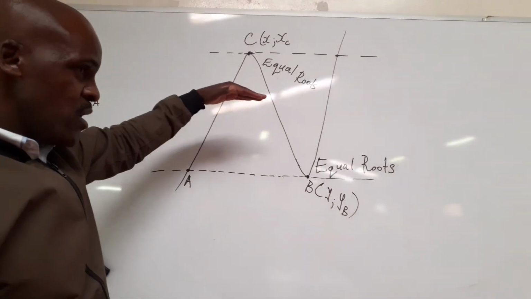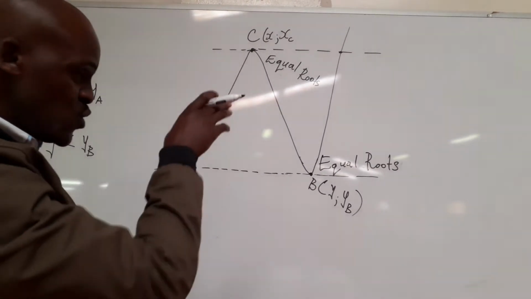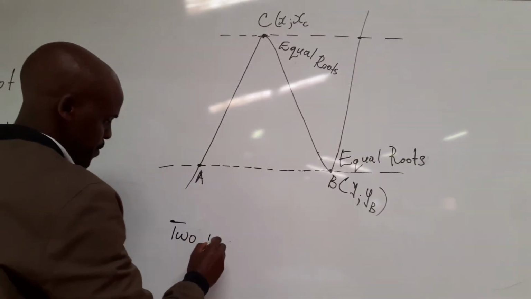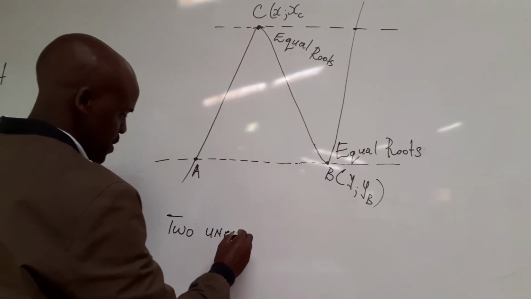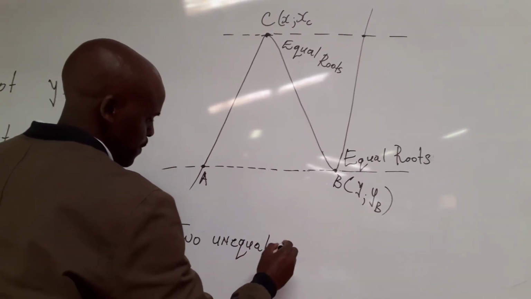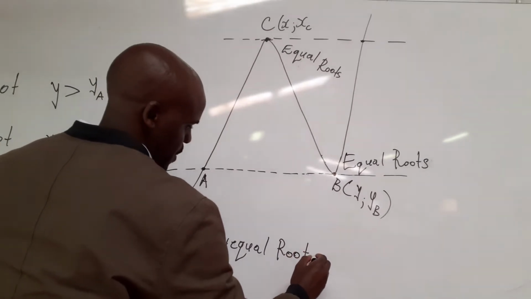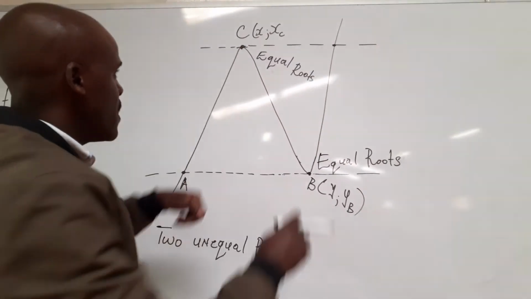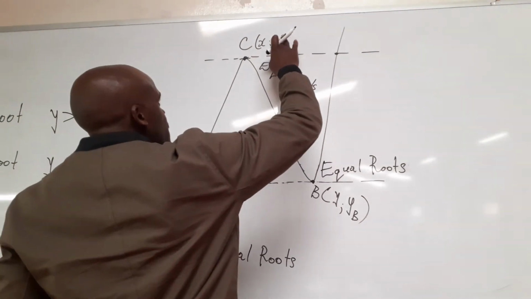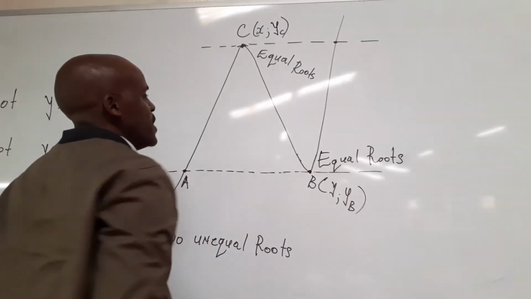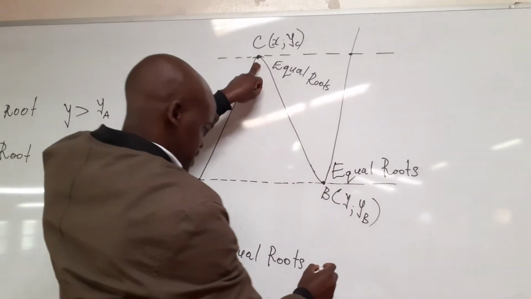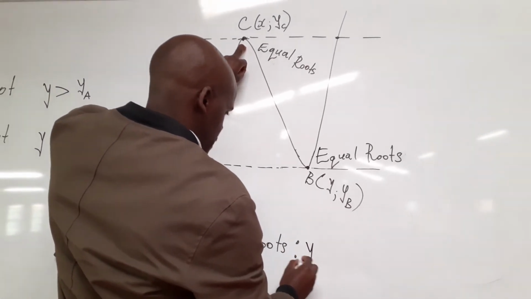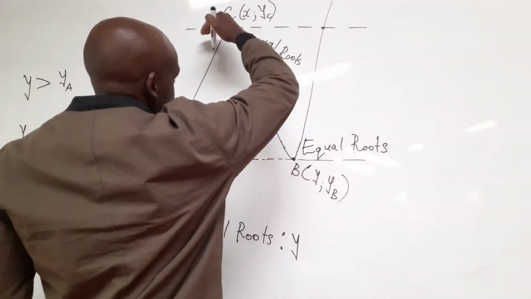Where do we have two unequal roots? It's where our y at that point.